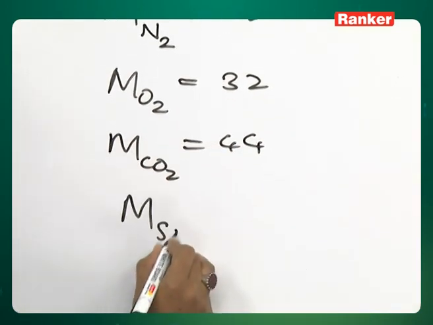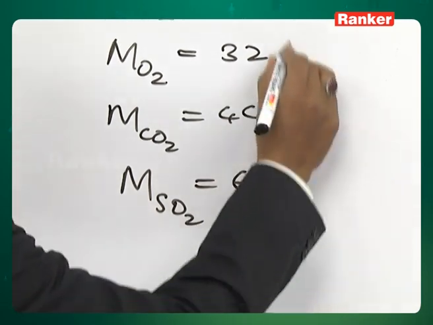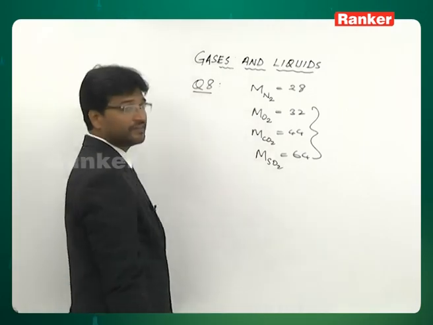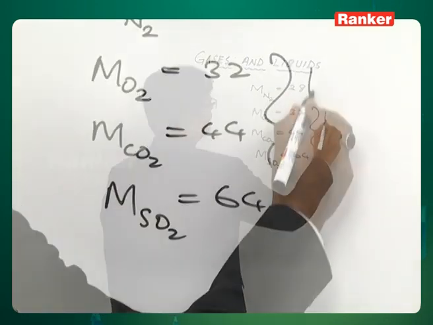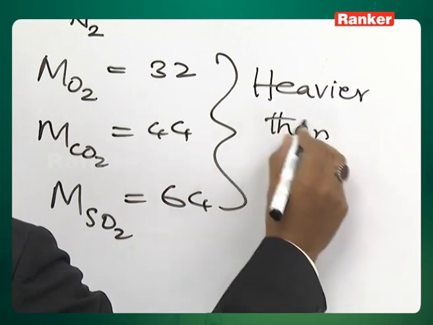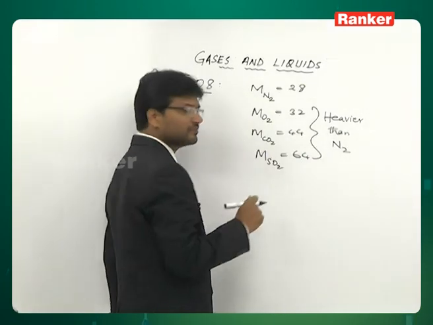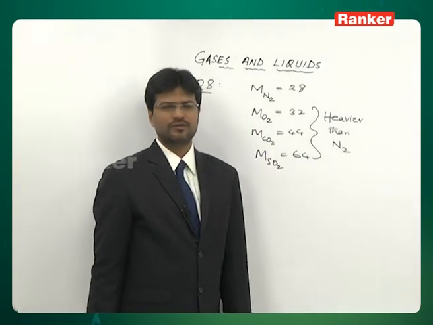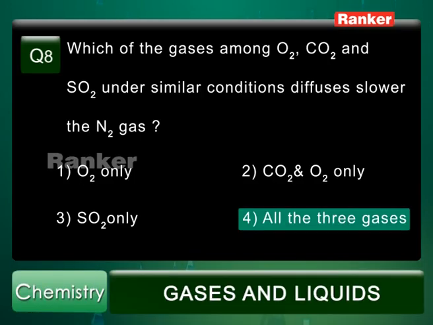Molecular mass of SO2 is 64. You can see all of them are heavier than nitrogen. So they all diffuse slower than N2. So the correct answer is fourth option. All the 3 gases O2, CO2 and SO2 diffuse slower than N2.